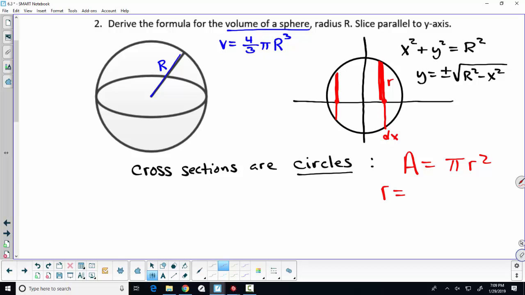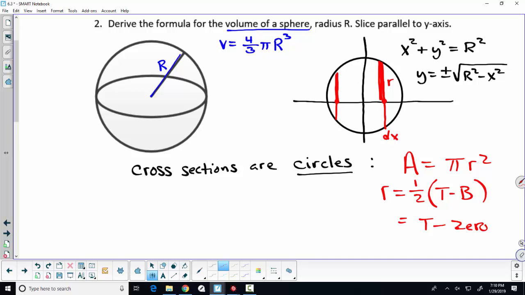If you did top minus bottom, you would have to halve that. So the radius is, let's write it out both ways, half the top minus the bottom, or it's just the top minus 0. So what is the top minus 0?